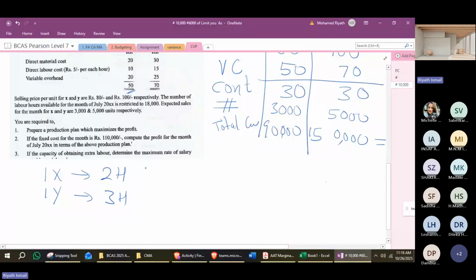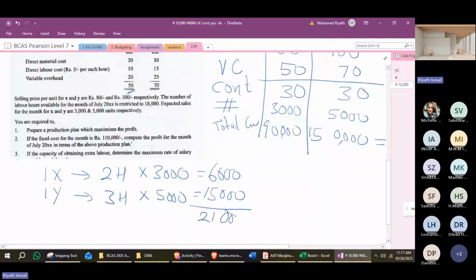For 3,000 units of X and 5,000 units of Y, we need 6,000 hours and 15,000 hours.